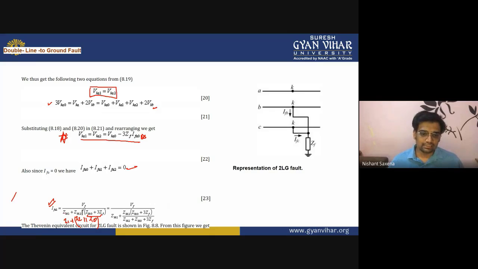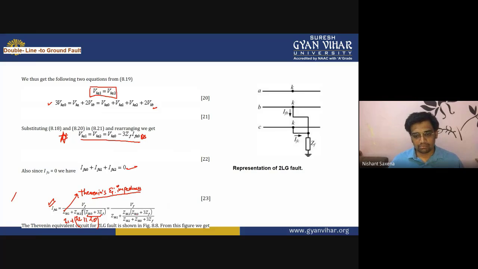ZKK1, ZKK2 and ZKK0 are basically nothing but your Thevenin's equivalent impedances for the different networks, for the positive, negative and zero sequence circuits.